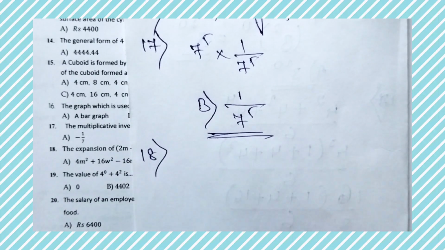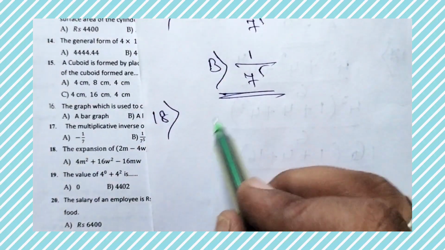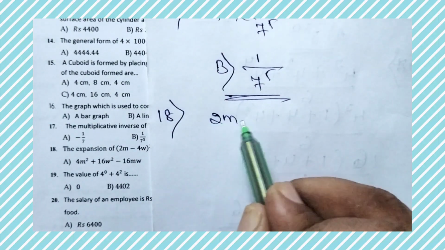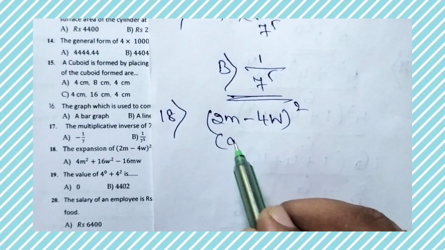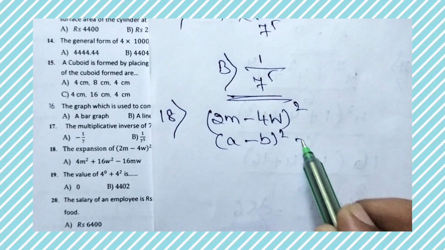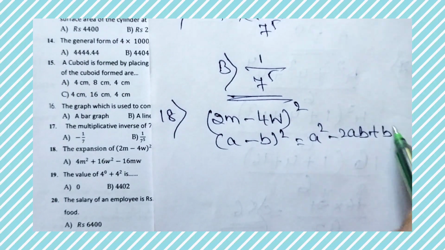Then coming to the 18th question, expansion of 2m minus 4w whole square. It is in the form of a minus b whole square, which is equal to a square minus 2ab plus b square.